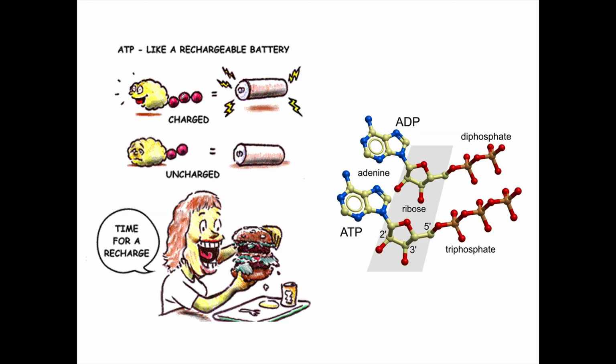Here you go, there's another version of it. Here we get fully charged battery. Here's your 1, 2, and 3 phosphates. And you spend one, and then you got a whole lot less energy. You spend another, you got even less than that. And how do you recharge it, of course? You eat, right? And that will recharge those phosphates, give you more ATP to go do whatever you got to do.